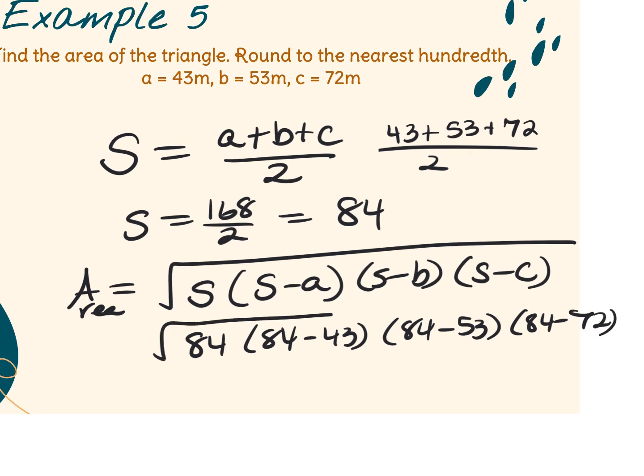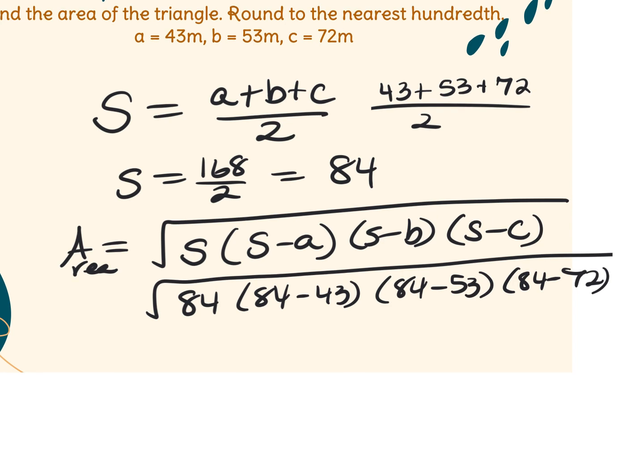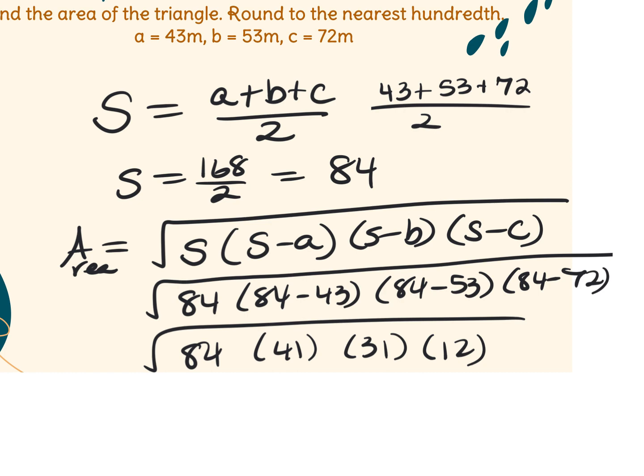And this is all under the radical. So again, just be careful, play with your calculator. So it's 84 times 41 times 31 times 12. You're multiplying these four numbers, and then you're going to square root it.